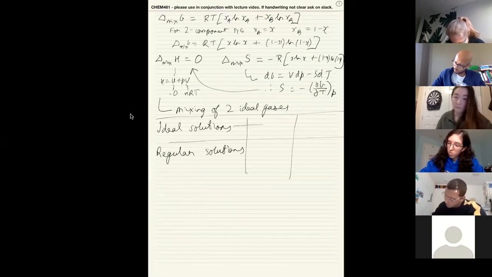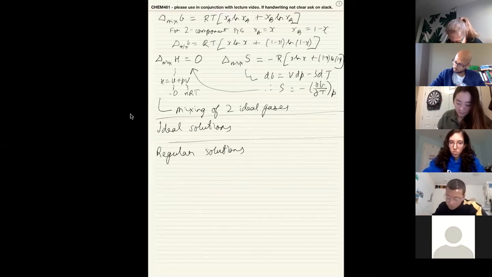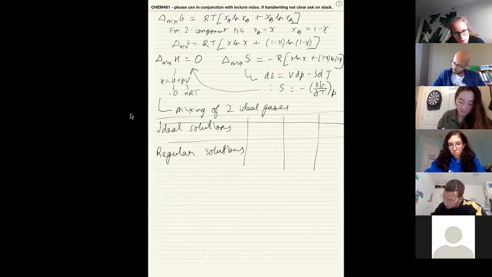So, for an ideal solution, the delta mix H is 0.